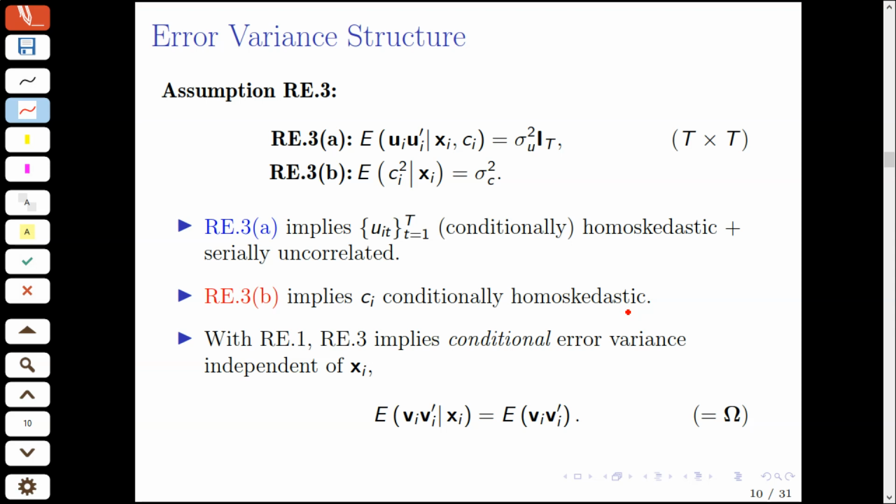Combined with the first random effects assumption, this third random effects assumption implies that the conditional error variance of the composite error term, where we conditioned on x_i, doesn't depend on the conditioning variable. That is, the conditional composite error variance is independent of x_i, or the regressors. Hence, it reduces to the unconditional composite error variance, which is what we called omega.